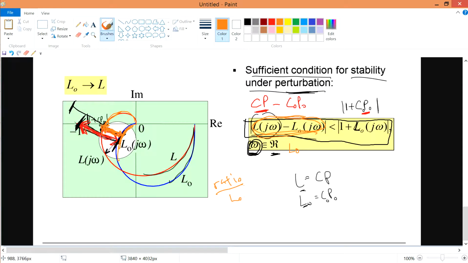That's the difference between these two CP, or in other words, it's just the distance over here divided by L0 itself. So if this value increases, you are going to be more unstable because your difference is going to be larger compared to L0. Because it's governed by CP minus C0 P0, if your CP increases, then you're going to be more and more unstable, and this percentage is going to increase.